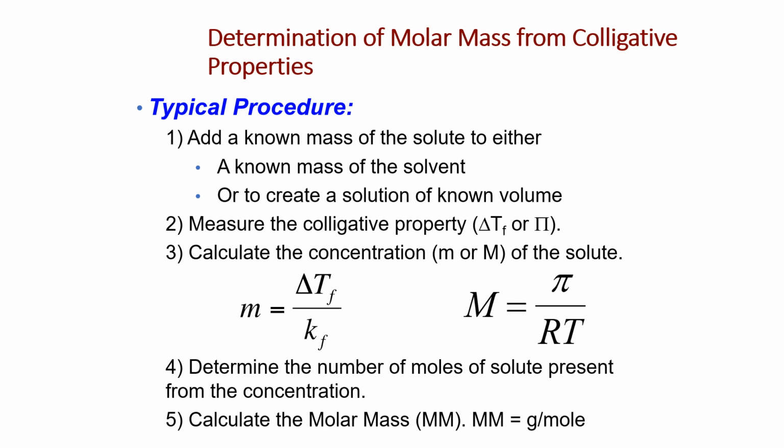Well, now we've got a delta T. We can look up the K value. If we've got a delta T and a K, we can solve for molal, right? So now I know how many moles per kilogram of solvent. I can determine how many kilograms of solvent I used, right? So now I've got moles. I can use molal to solve for the number of moles. I also know how many grams I have.